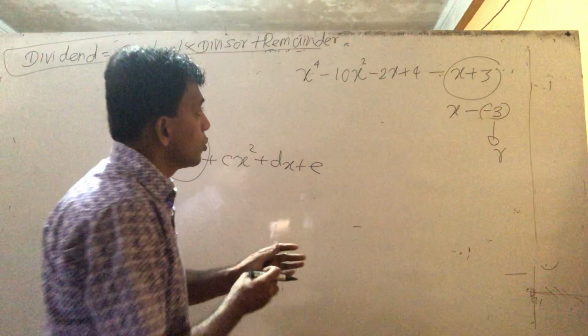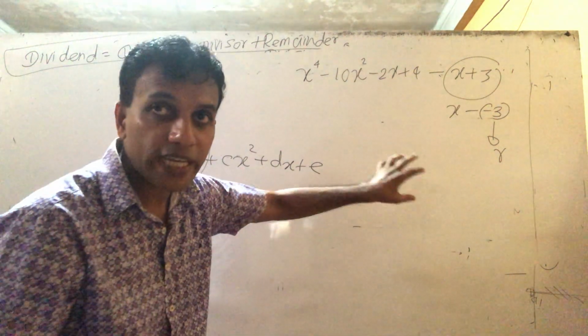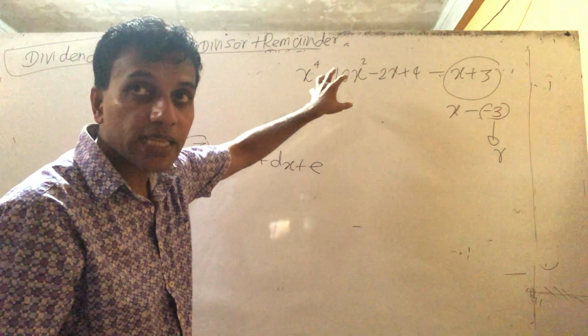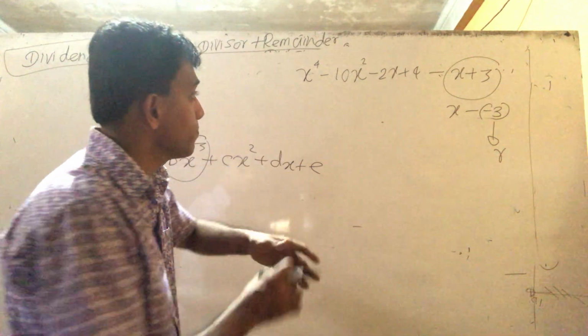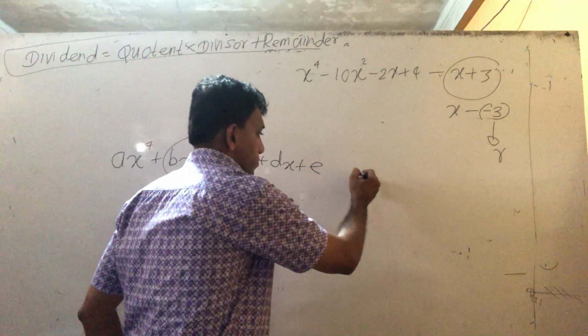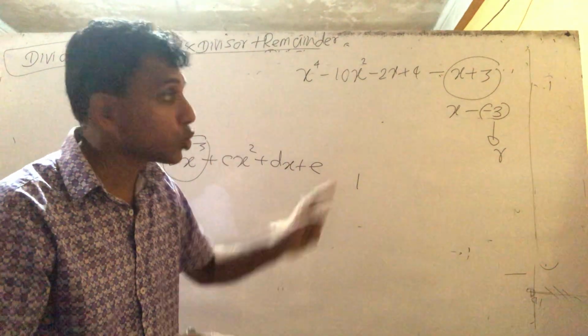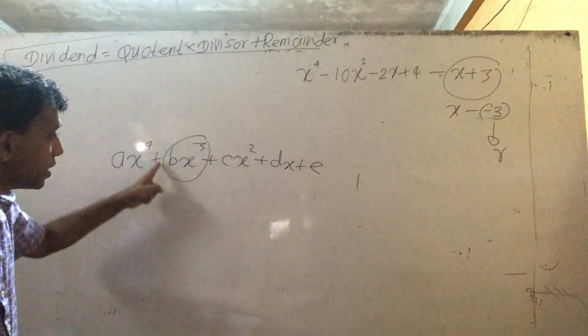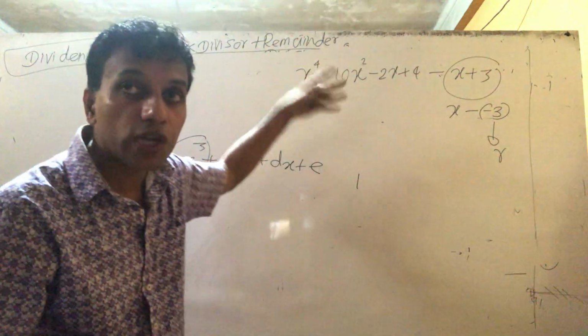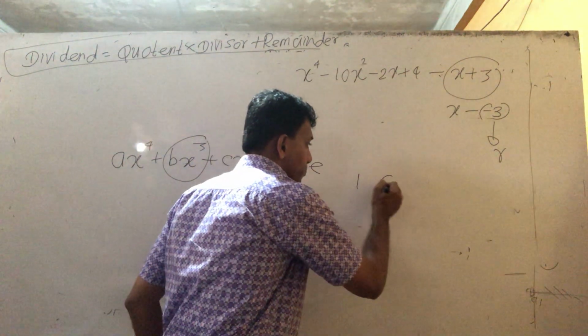Now I said, when using the synthetic method you write the coefficients of each term. In this case, the first coefficient is 1. Next, not minus 10, it should be the cubic part coefficient. Here there is no cube, therefore 0.